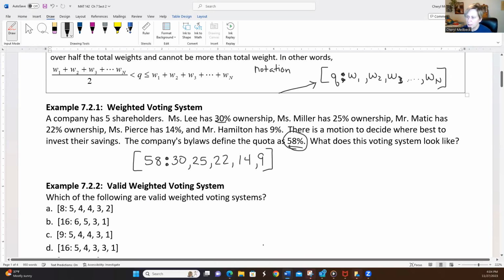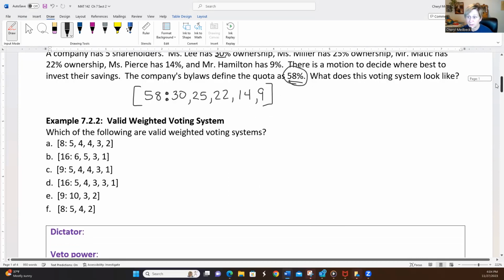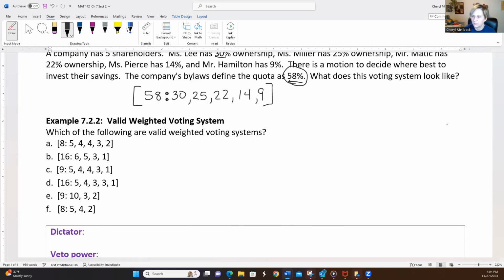So we're going to look at the following systems in example 2 to decide if they are valid weighted voting systems. In example 7.2a, it says that the quota is 8 and the weighted votes are 5, 4, 4, 3, and 2.